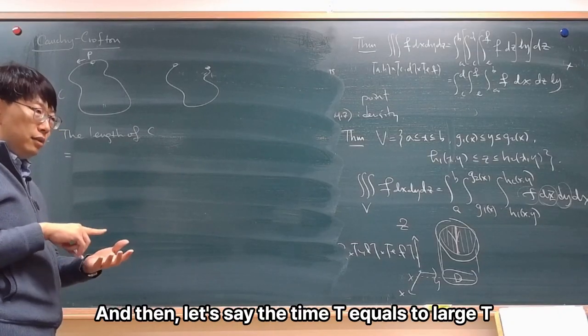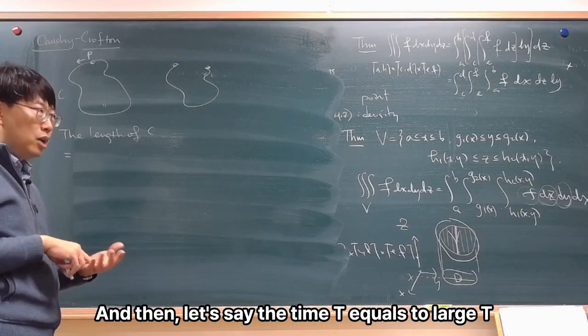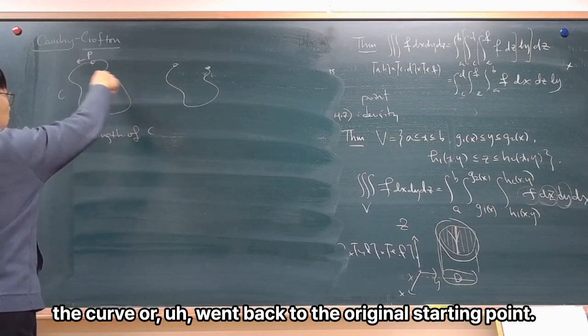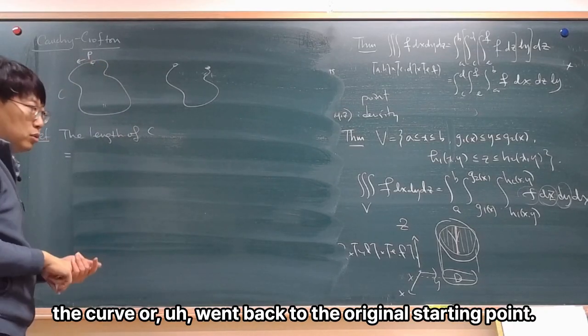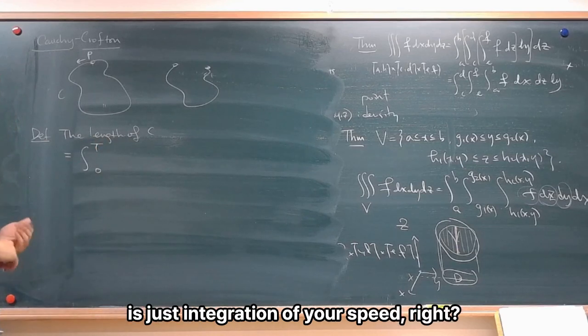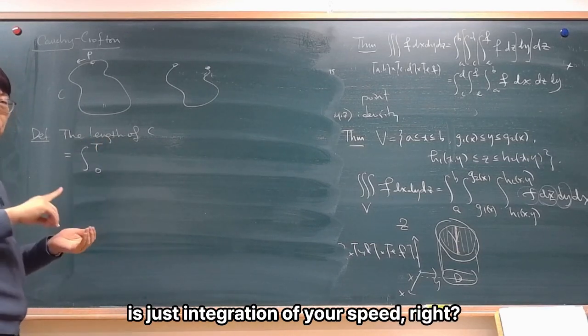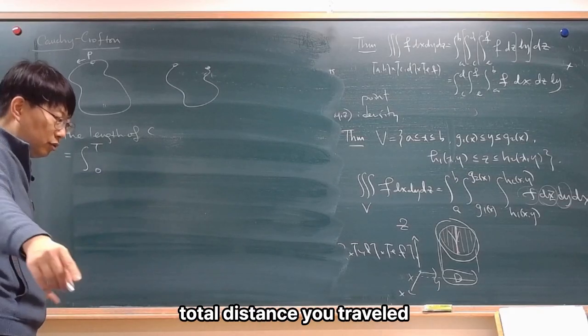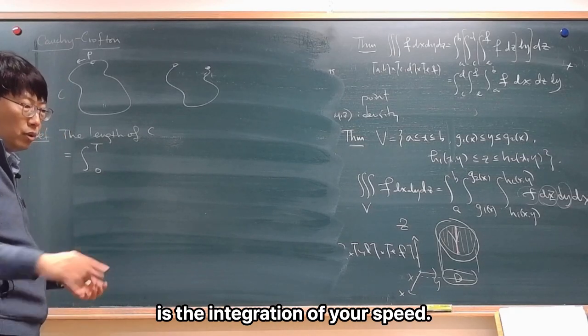And then let's say the time t equals large T when it stopped moving, either finishing the curve or going back to the original starting point. So then the length of a curve is just the integration of your speed, right? So the total distance you traveled is the integration of your speed.